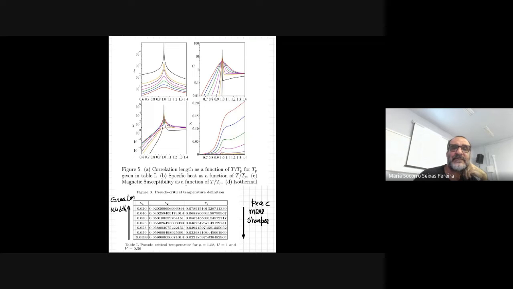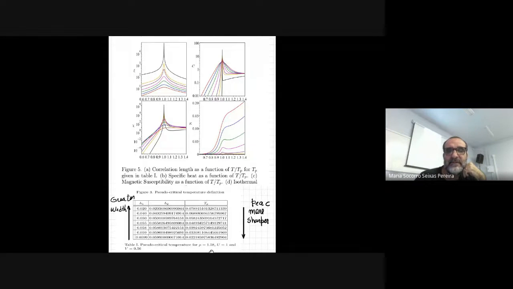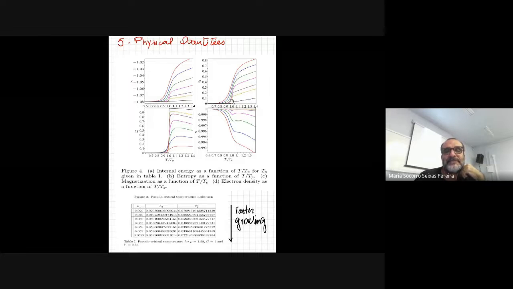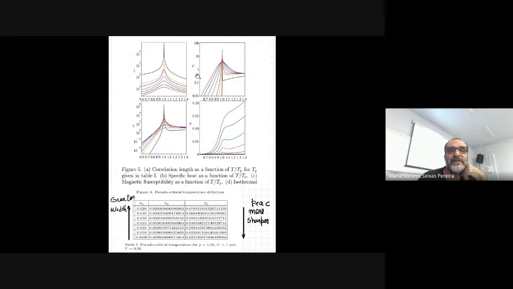After, you study the correlation length, the specific heat, the susceptibility, and the compressibility. When we see here a fast growth, we see a sharp peak.